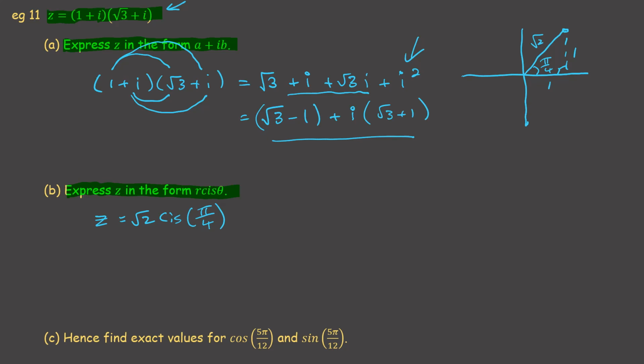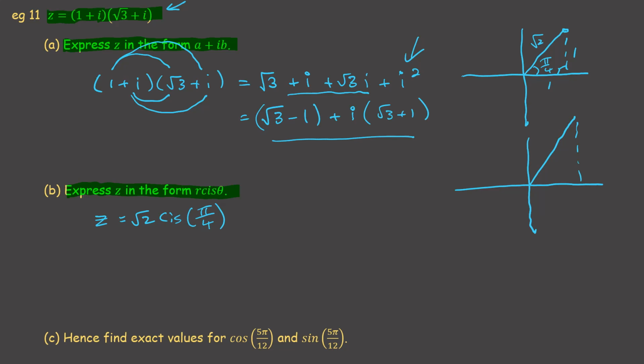And then let's do the √3 + i. So that would be up here, such that that's √3 and that's... no, wrong way around. √3 + i. This one's √3. This one's 1. So, Pythagoras gives us the square root of √3 squared plus 1 squared.